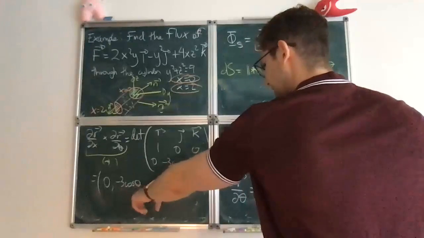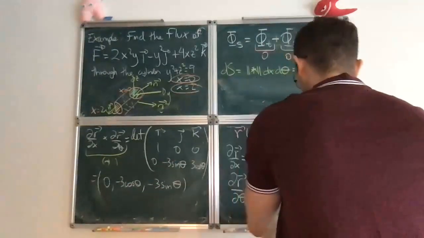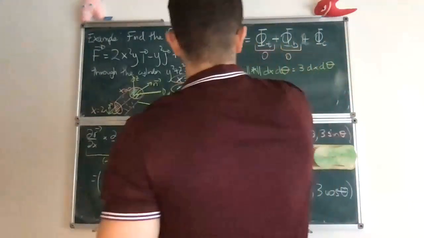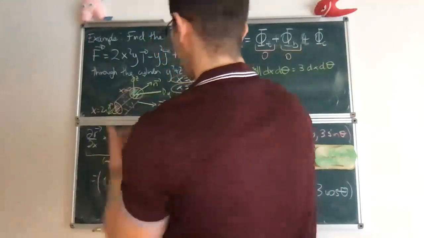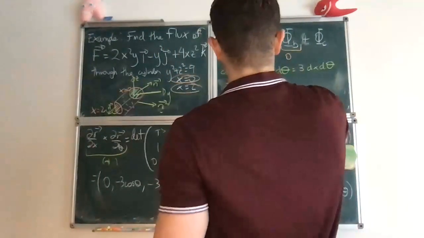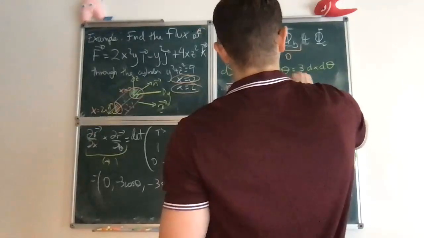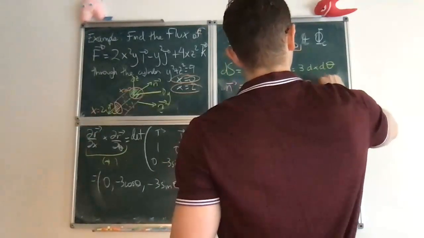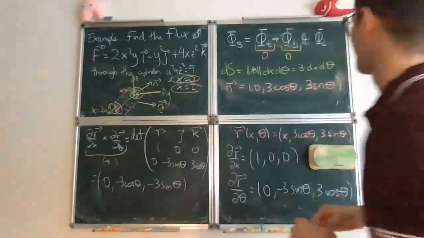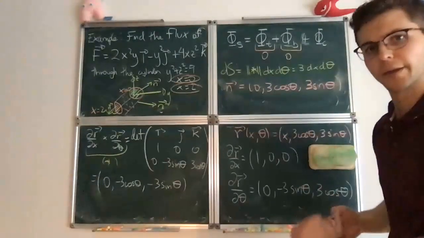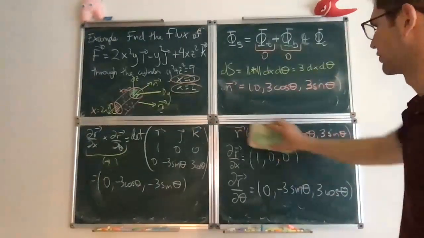When the norm is 3, you just divide by 3 and that's fine. But the normal vector that you actually have to use is the one that's pointing away from the cylinder, so you have to change the signs a little bit.